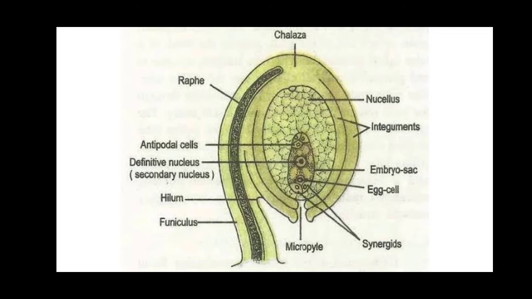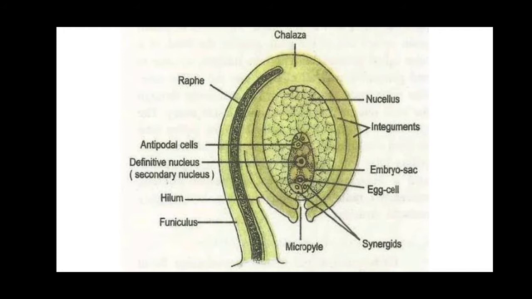You have to keep in mind these integuments are the ones which will form the seed coat when this embryo sac or egg cell gets fertilized, and then the entire embryo sac transforms into a seed. At that moment, these integuments transform into the two layers of seed coat called the testa and the tegmen.